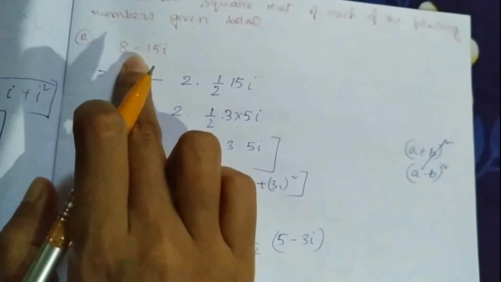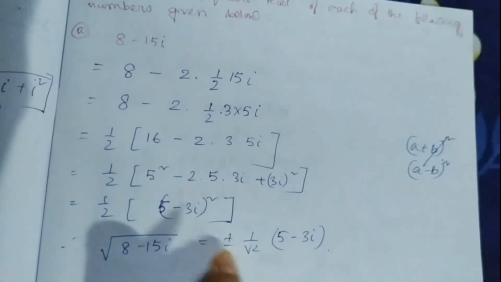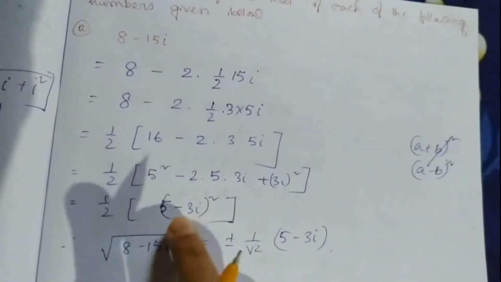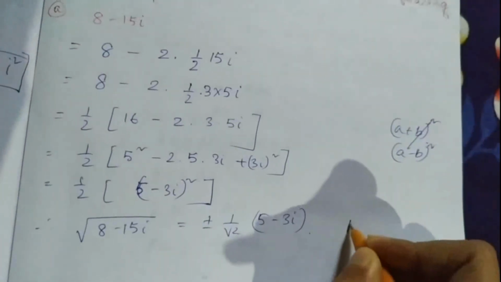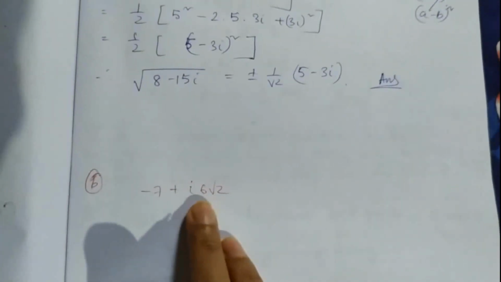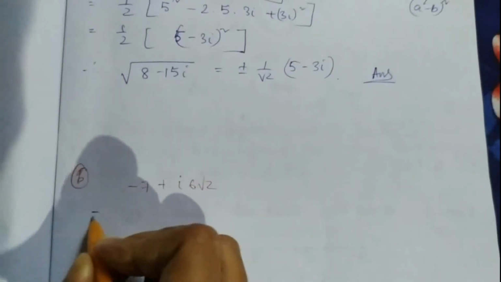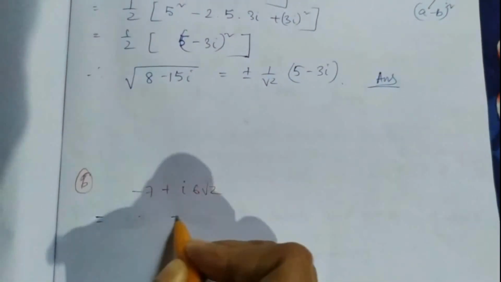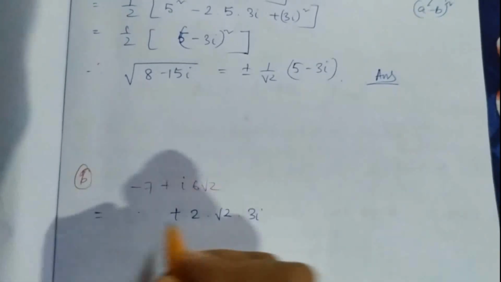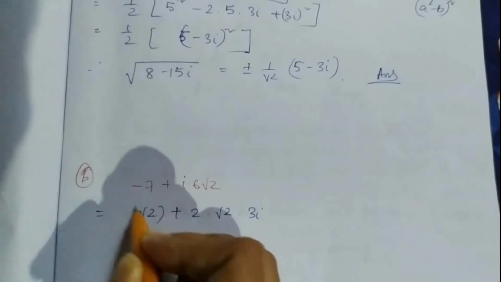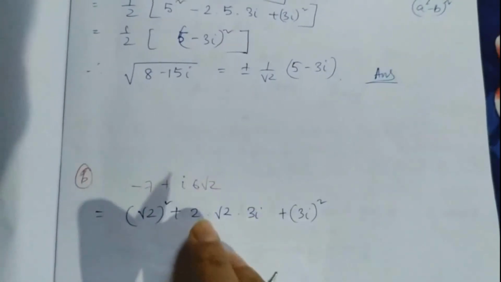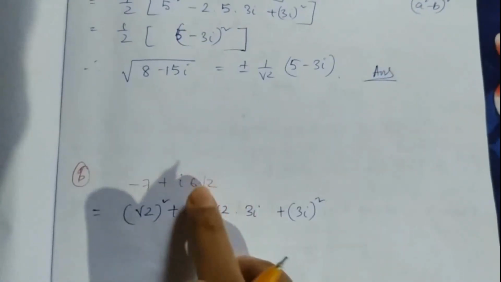Now the square root of this 8 minus 15i will be plus minus 1 by root 2, and this square and root will get cancelled out, times (5 minus 3i). So this is the answer. Similarly, number b is minus 7 plus i into 6 into root 2. I will write it as plus 2 into root 2 into 3i, no? So it will be (root 2) whole square plus (3i) whole square. Now you see 2 into 3 is 6i root 2.